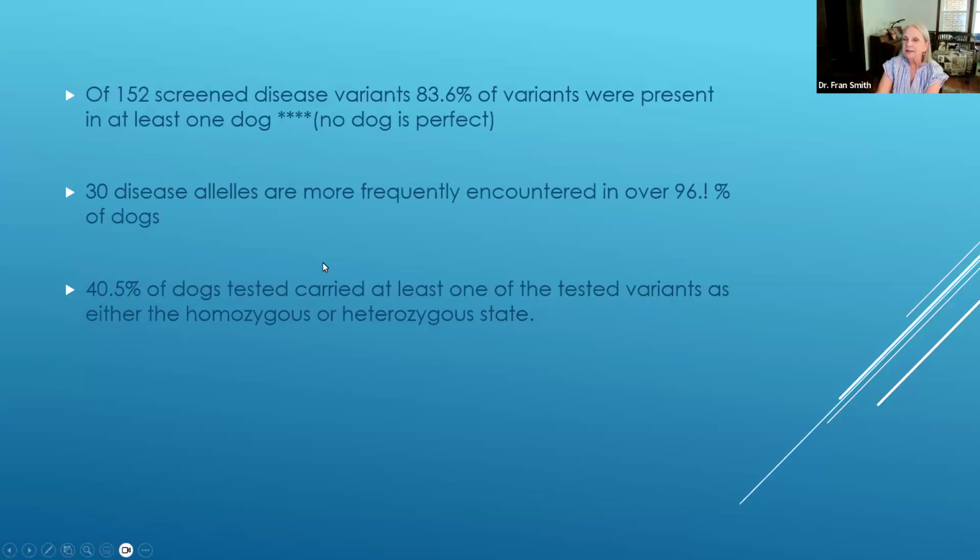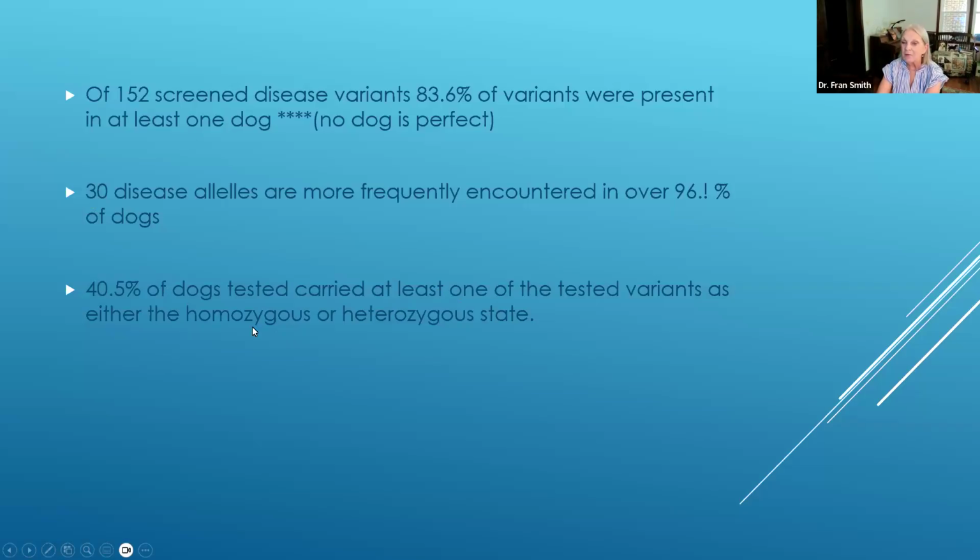And so you can give up that idea. You have to learn which ones are important to your breed and how to manage your breeding program. 30 disease alleles are more frequently encountered, in about 96% of the dogs. So these are the diseases I would worry about in most dogs.